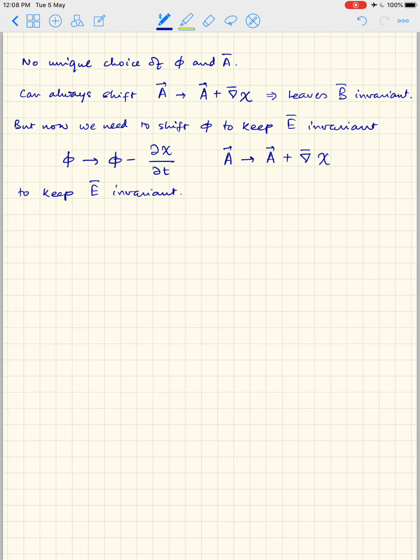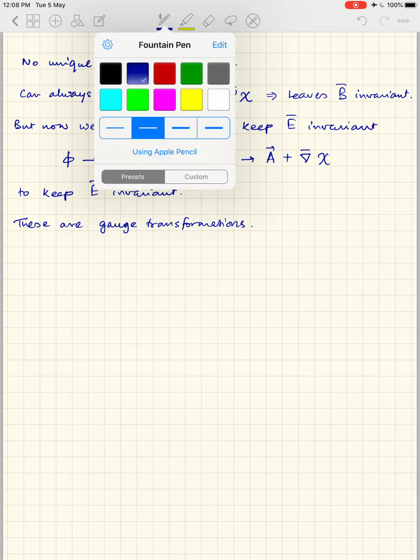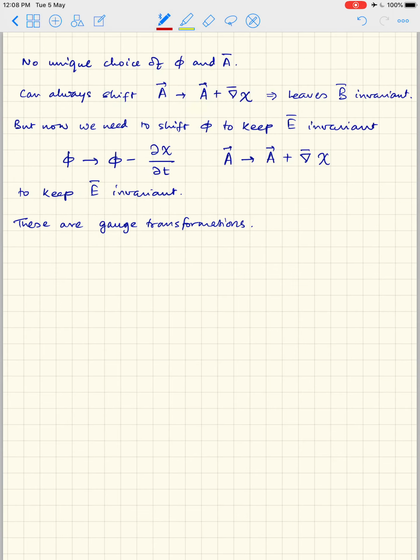Okay, so these are gauge transformations. And these are extremely important. Okay, so let me underline them in red for you.